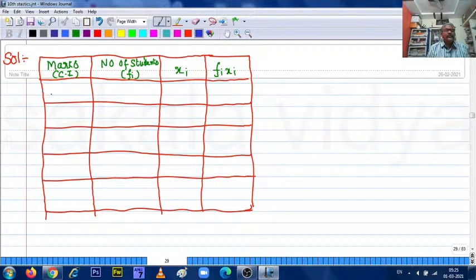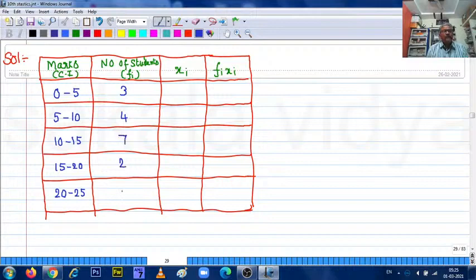First write 0 to 5, then 5 to 10, next class 10 to 15, next class 15 to 20, and 20 to 25. Here write 3, 4, 7, 2 and 4. So now find the mid value.